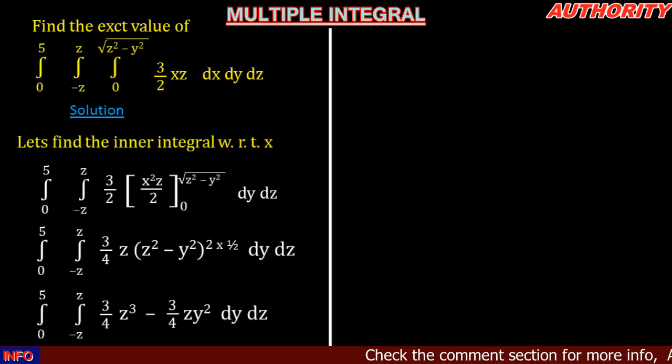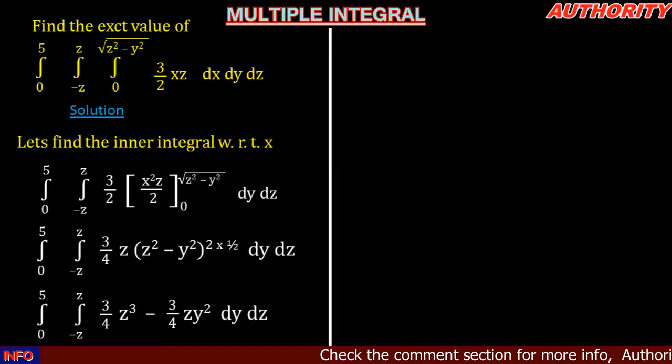We have dy dz. So here we have the integral from 0 to 5 and the integral from minus z to z, 3 all over 4 z cube minus 3 all over 4 zy squared, dy dz. So here it has reduced to a double integral.